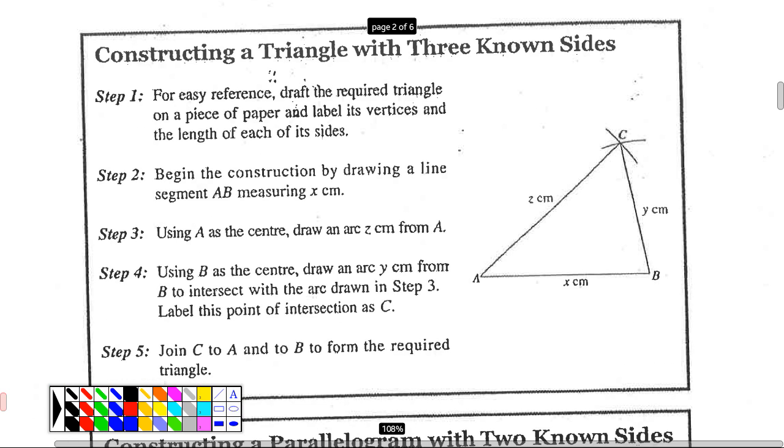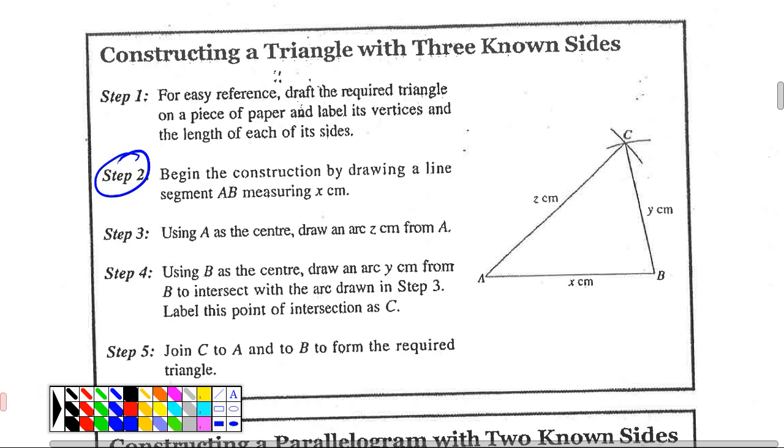Okay, next. I'm going to be very particular. Now, step number 2. I want to construct a triangle with 3 known lines. You have space, that's the next page.